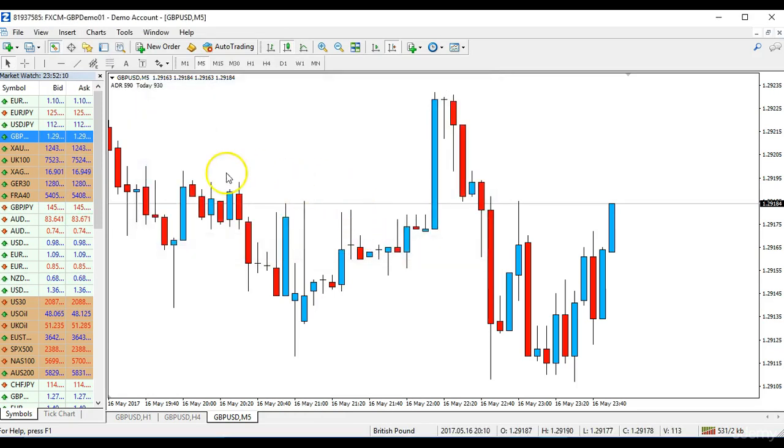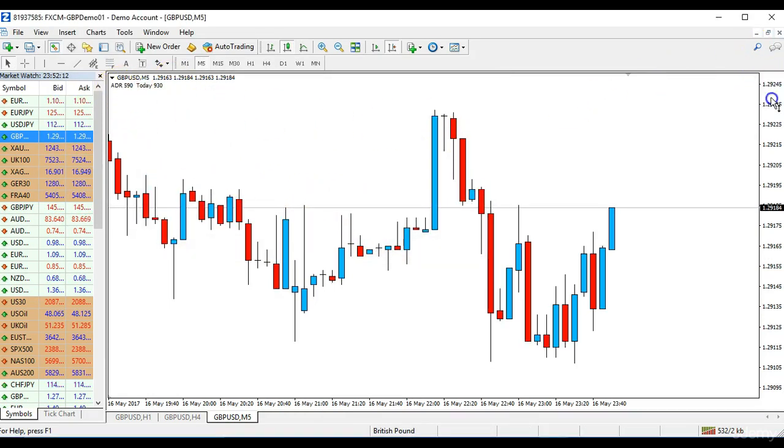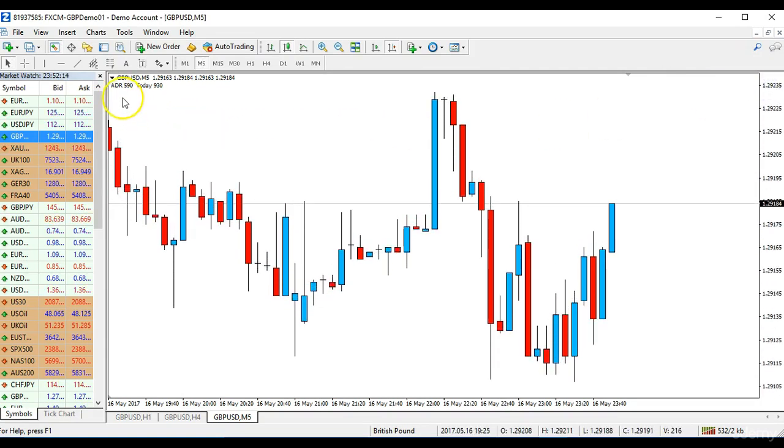This one is called an ADR indicator. What it does is it works out what the daily range was for the past 5 days, and it tells you what you should expect for today. So, for example, the ADR was 59 points, and today it's showing 93 points.